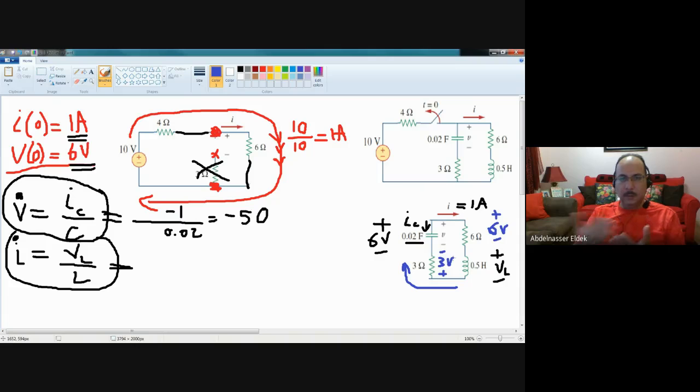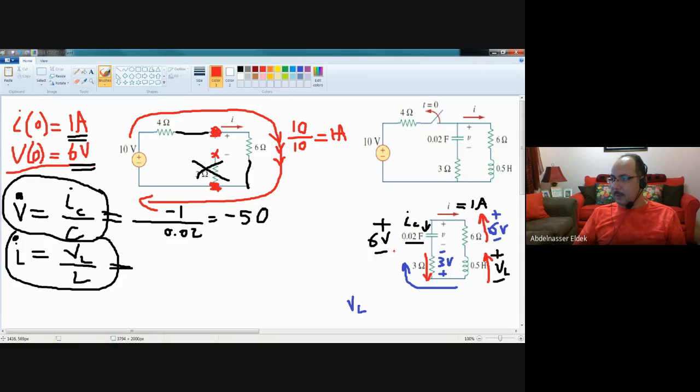So what we need to do is to calculate this VL. You can calculate VL very easily, because if you assume that you are using the clockwise direction as a positive direction, this one here is in this direction, the voltage from negative to positive. VL is the same. This 3 volt is the same in this direction.